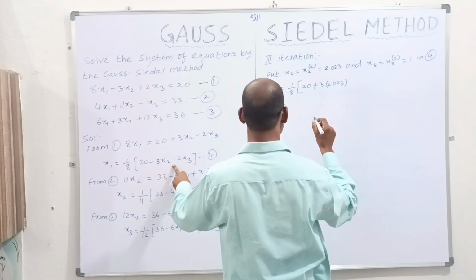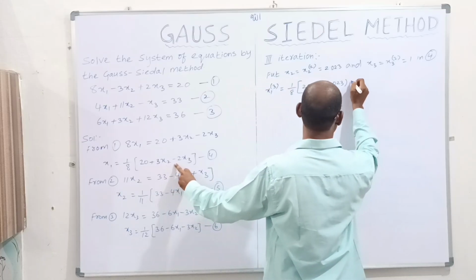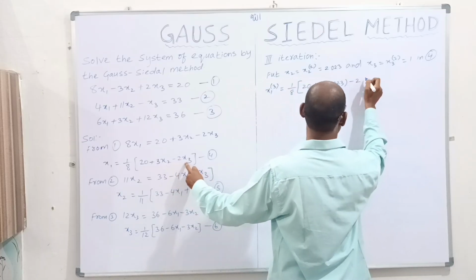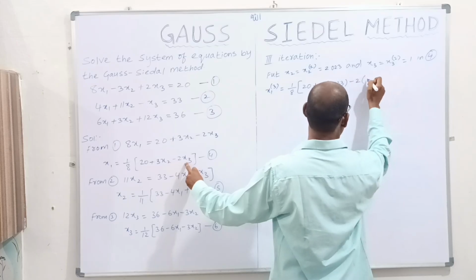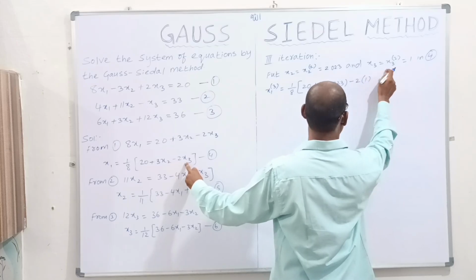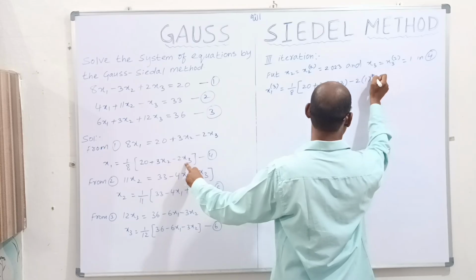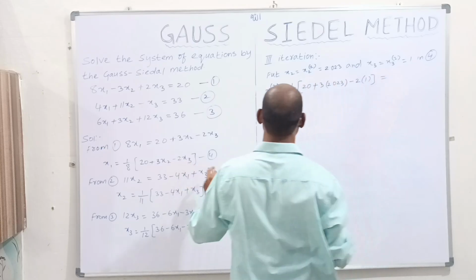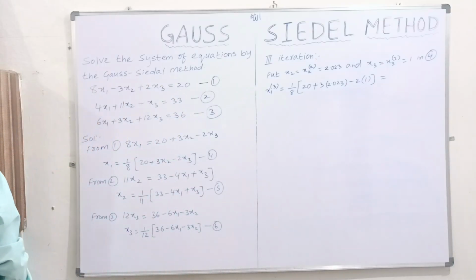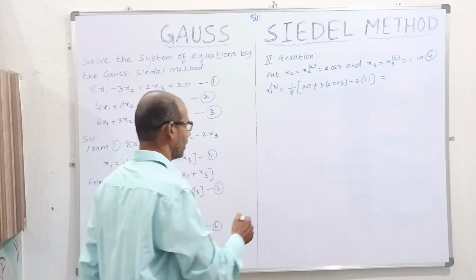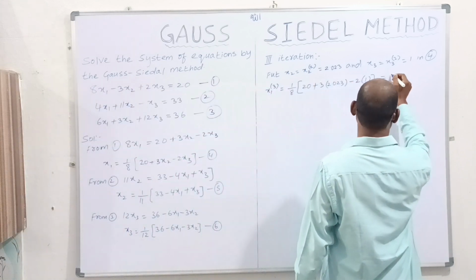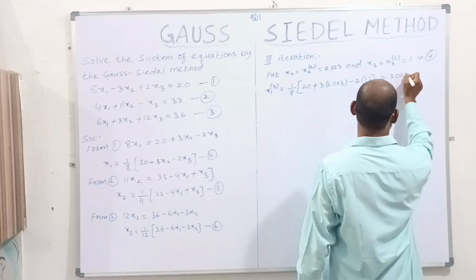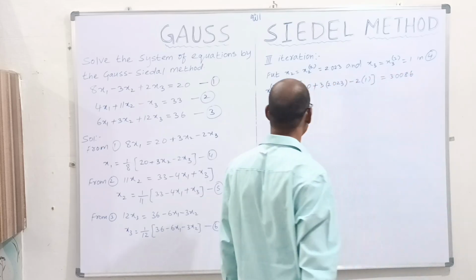So 3 times 2.023 minus 2 into x3, and the x3 value obtained in the second iteration is 1). Bracket close. On simplifying this, we will get the value of x1 as 3.0086.